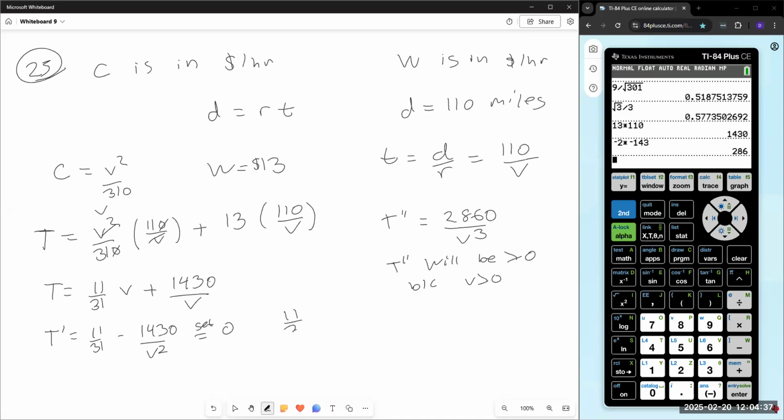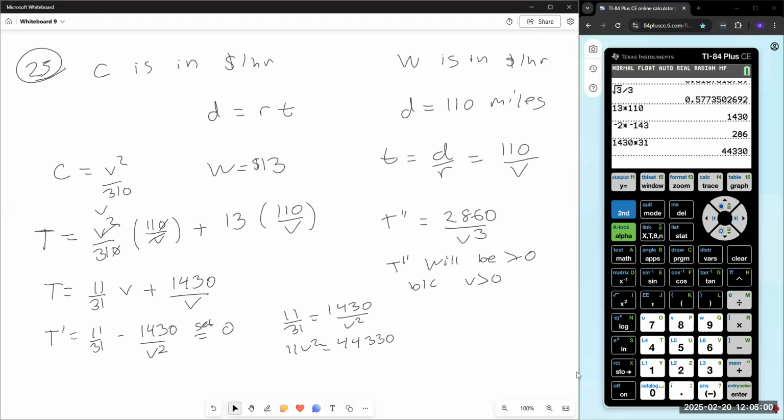So let's go ahead. 11 over 31 equals 1430 over V squared. So 11 V squared equals 1430 times 31, which is 44,330.